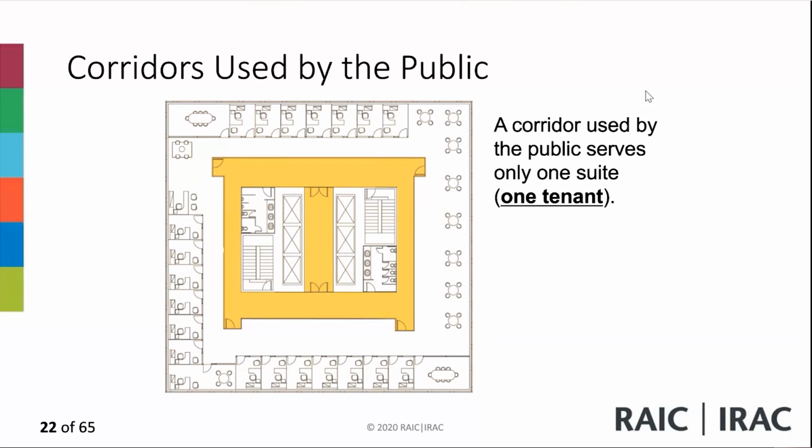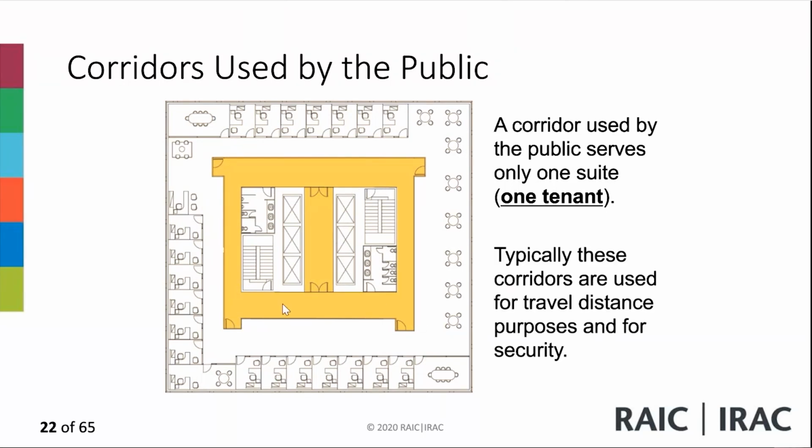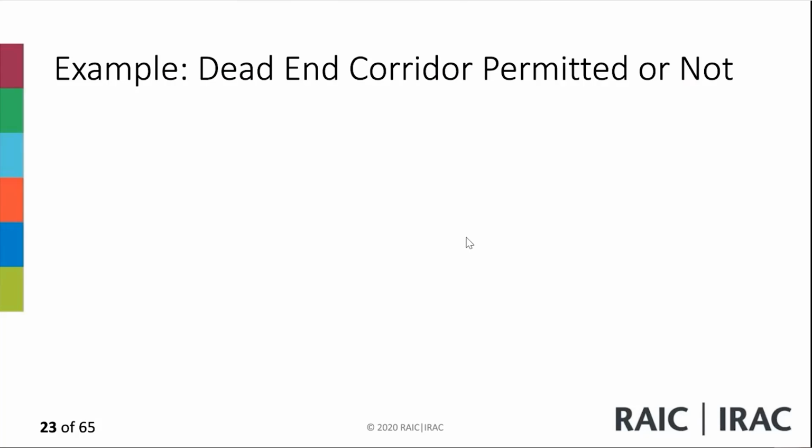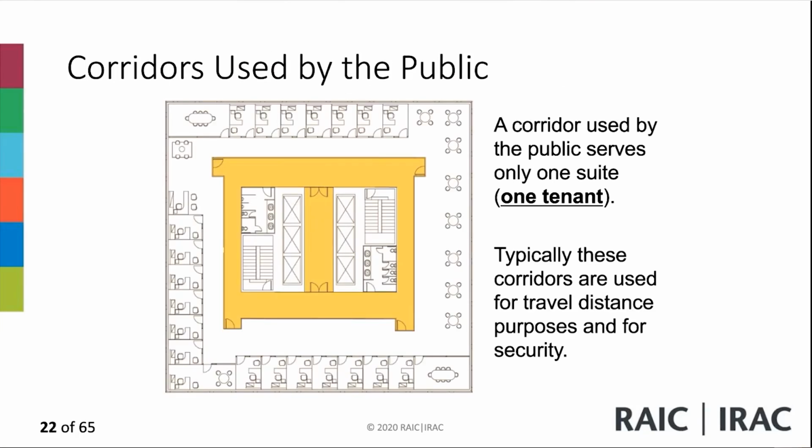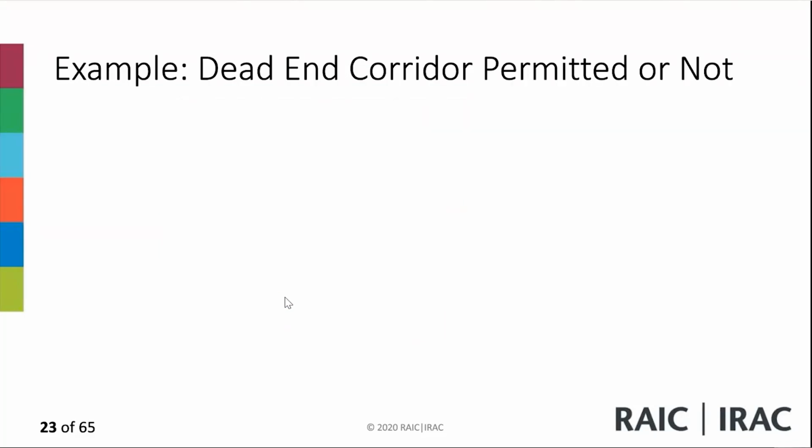And again, with the corridor used by the public, you have access to different egress doors, and then you go into this corridor, and it provides you access to different exits. Typically those corridors are used for travel distance purposes and for security. So here we create this buffer of a public corridor.